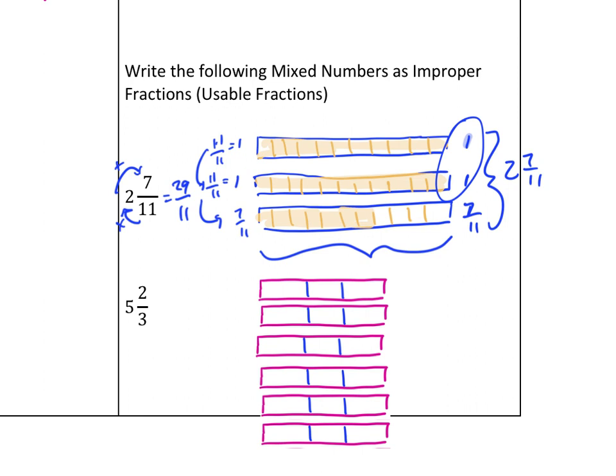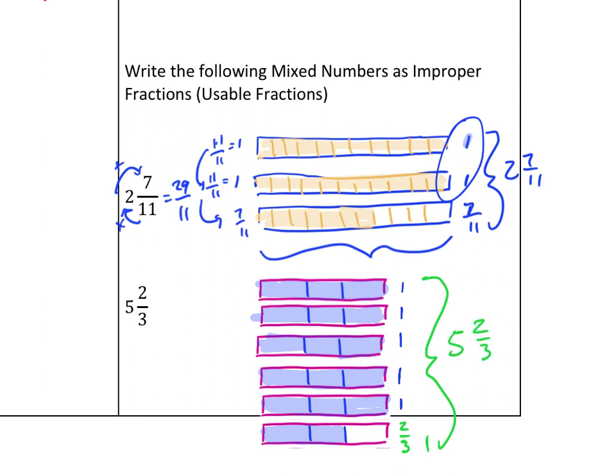Okay, so if we look at the same thing, and we do the same thing we were just talking about, then we say this is 5 wholes, right? So here's 5 wholes that are broken into thirds, right? Okay, and then we have 2/3, 5 wholes and 2/3. So this is 5 2/3.